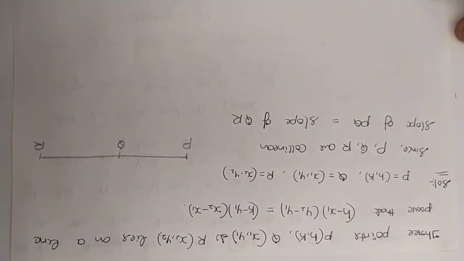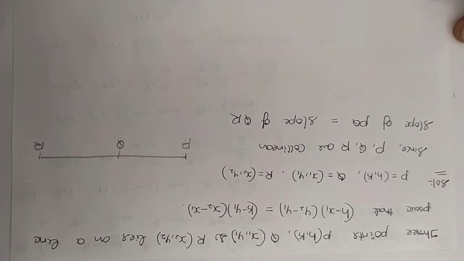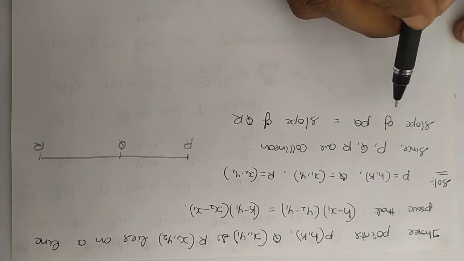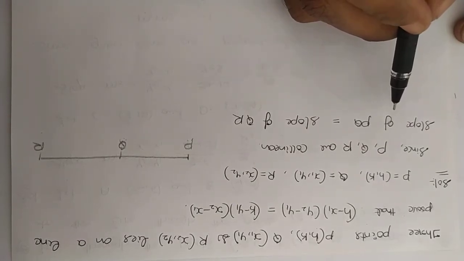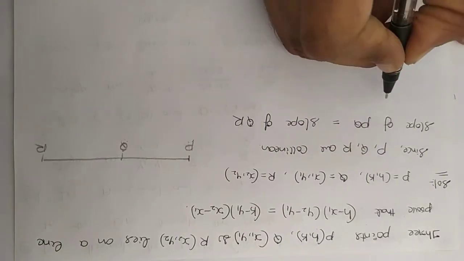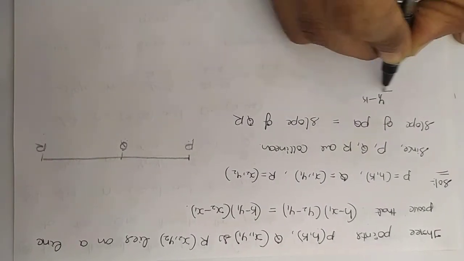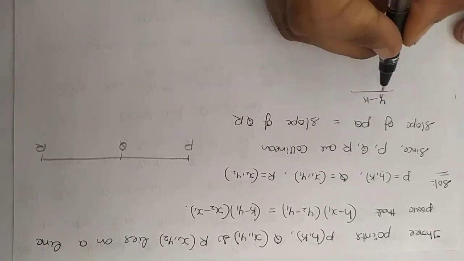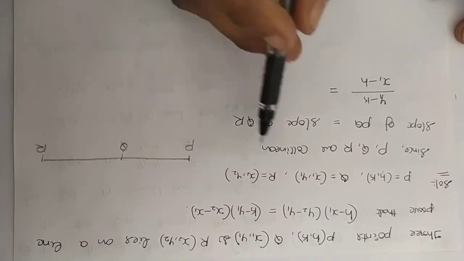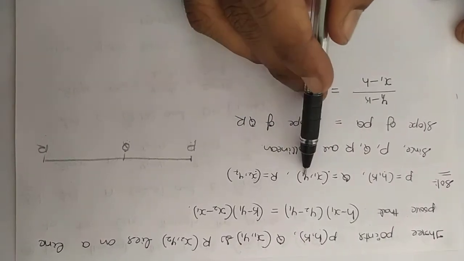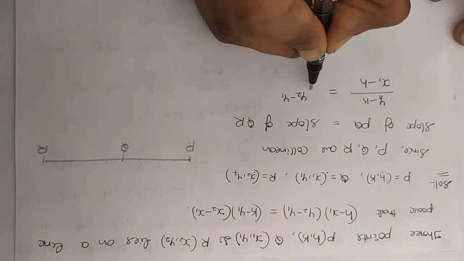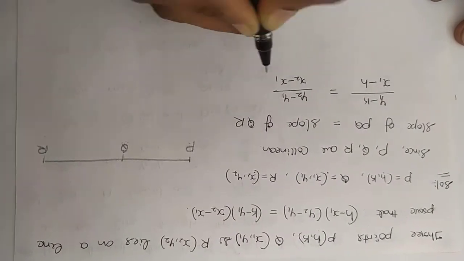Finding the slope we already learned in our previous class. Slope of PQ is y1 minus k divided by x1 minus h, equals, next, slope of QR, y2 minus y1 divided by x2 minus x1.